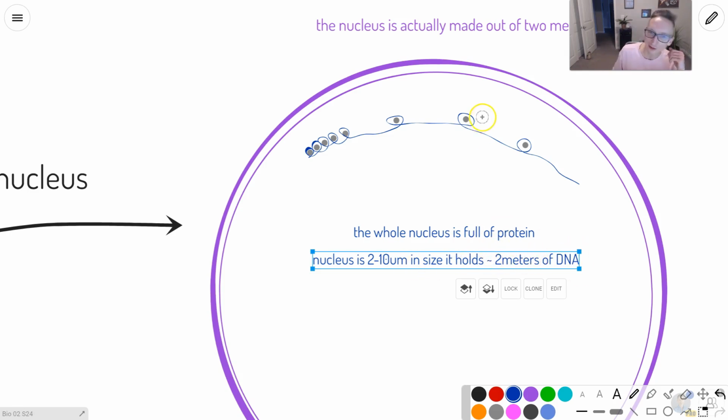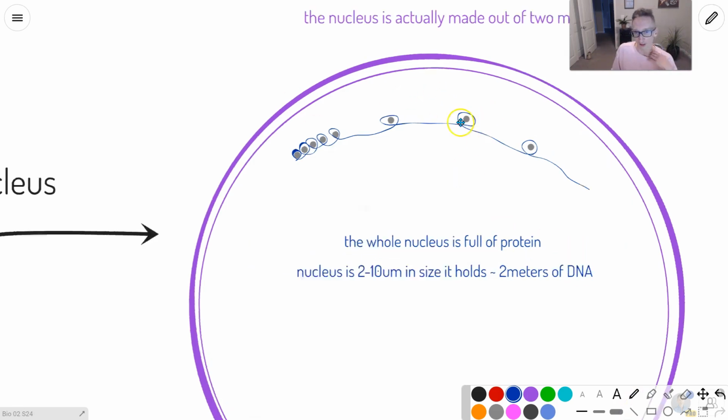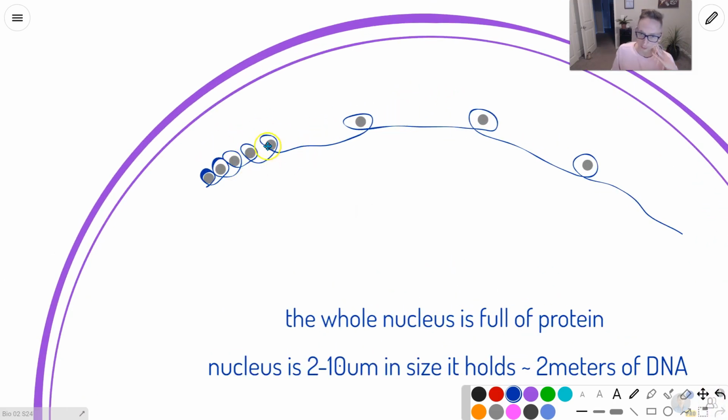And the reason why it can do that is because it can wrap this DNA around these proteins to condense it, to organize it. So this over here is called heterochromatin, and this is called euchromatin. This is tightly packed.